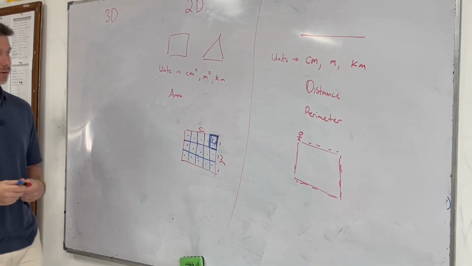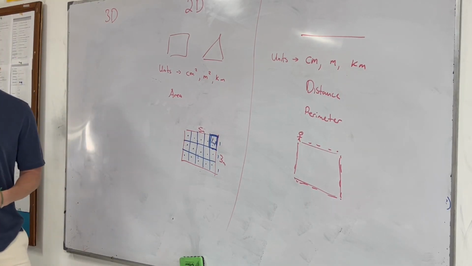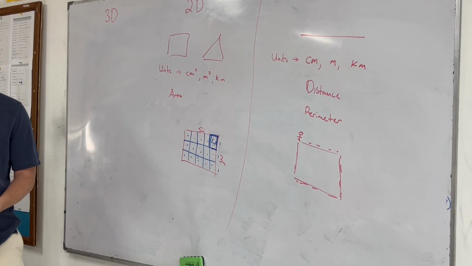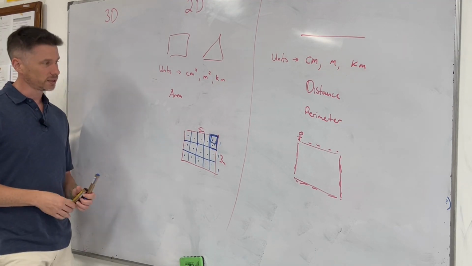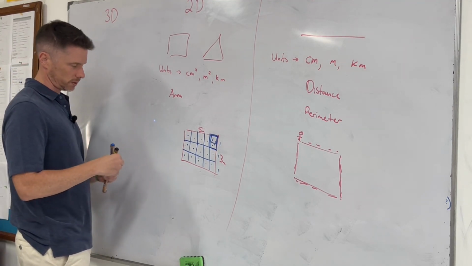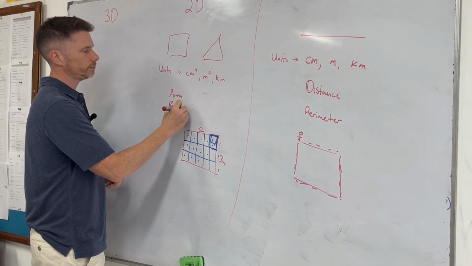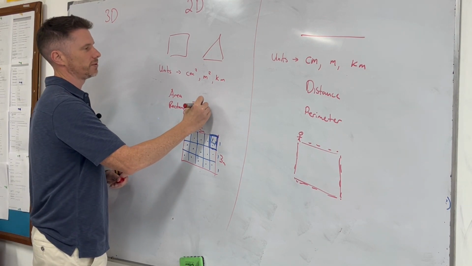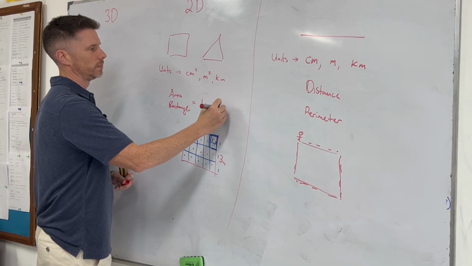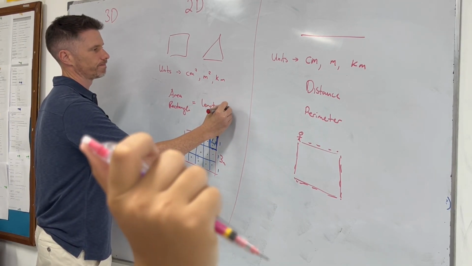So the area of a shape will be 2 dimensions multiplied together, whatever that shape is. In this case, the area of a rectangle or a square is length multiplied by width.